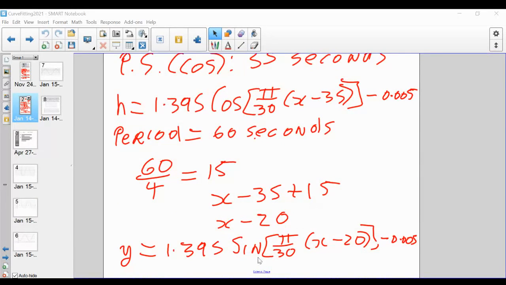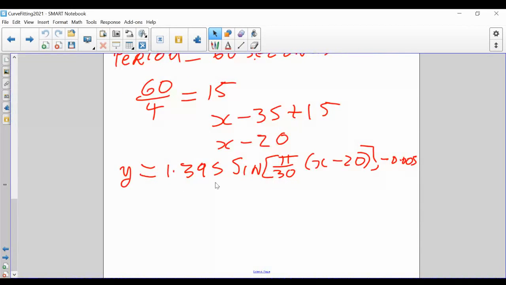And the answer I got was that we'd have to set this thing equal to 1. We'll take the sine version of the equation. It doesn't matter, we could have used the sine or the cosine, but I'm going to go with the sine version.